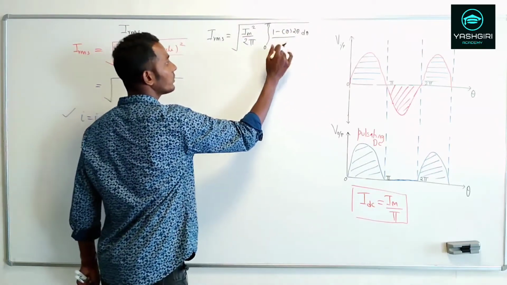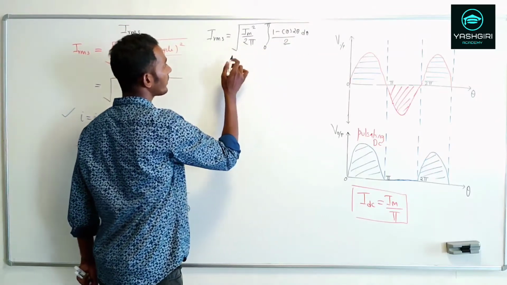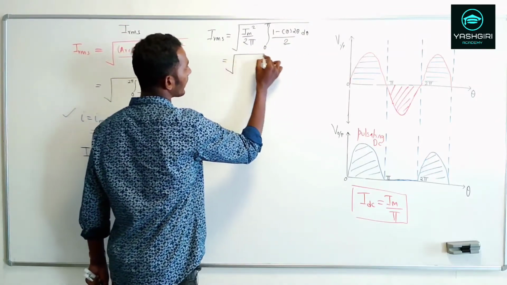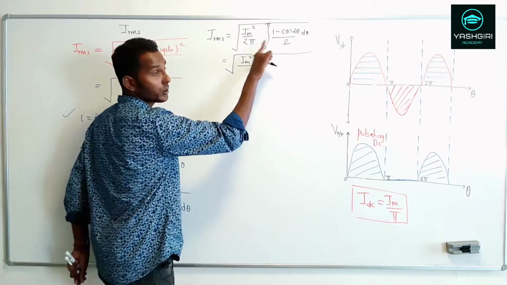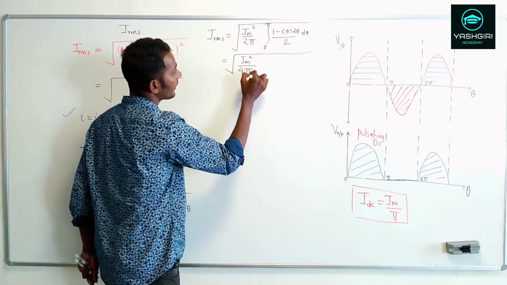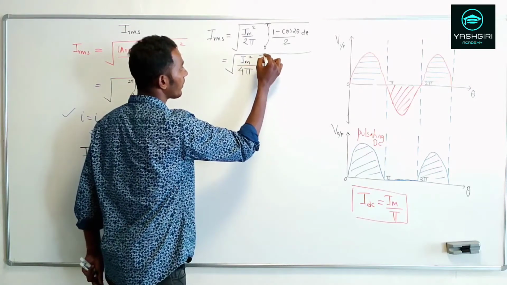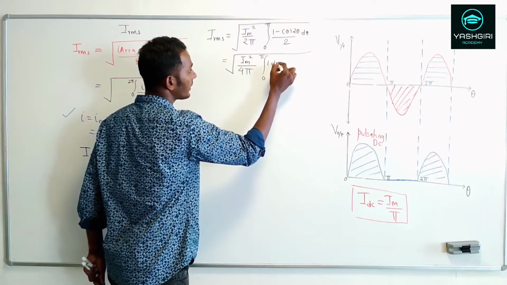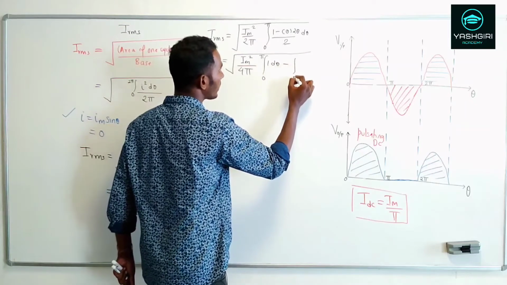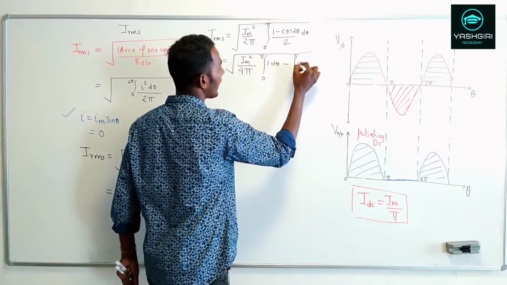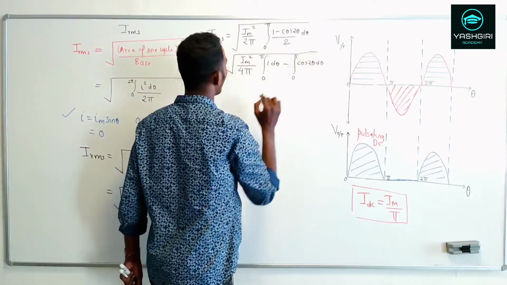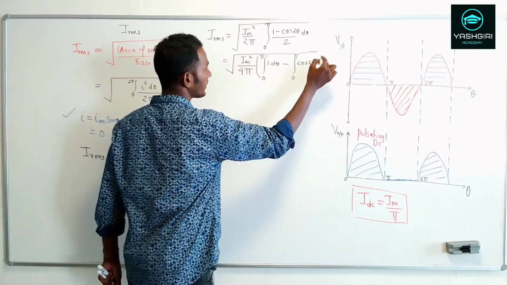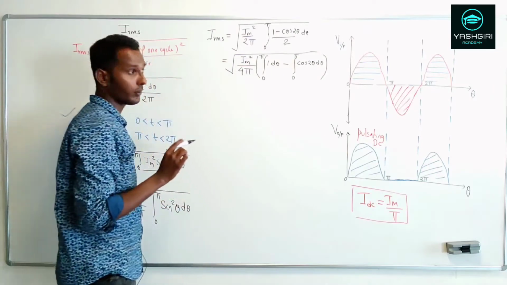I can take this 2 out, so 2 twos are 4. So the next step, I'll get Im square divided by 4 pi, and the integration from 0 to pi of 1 d theta minus the integration from 0 to pi of cos 2 theta d theta. All of this is in a bracket under the square root.